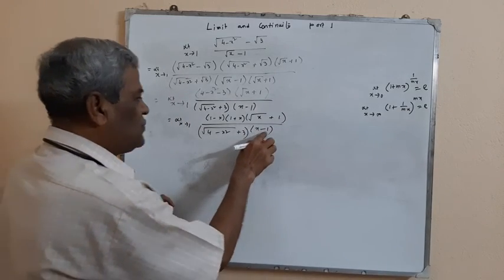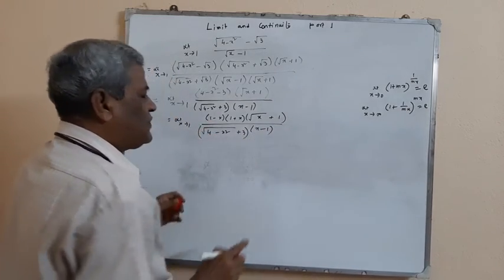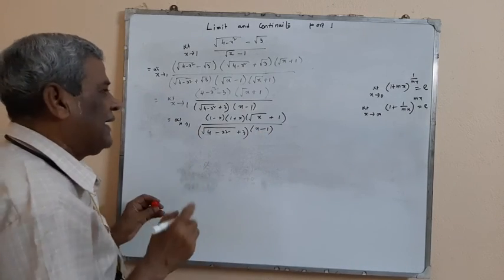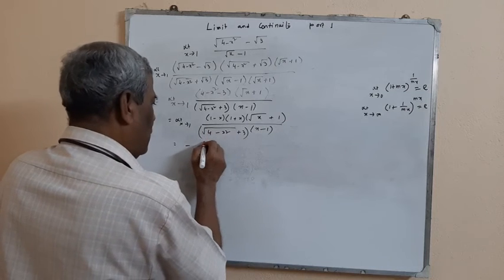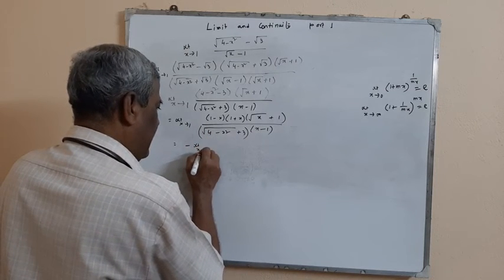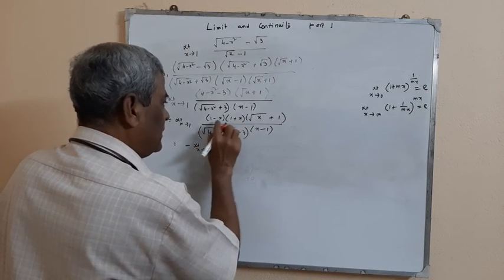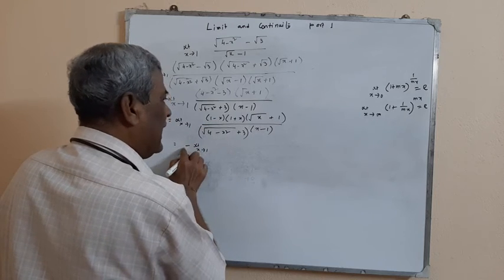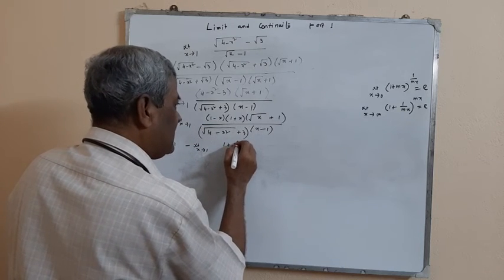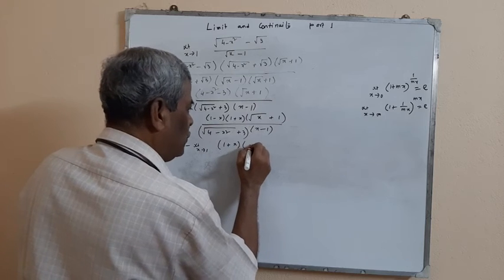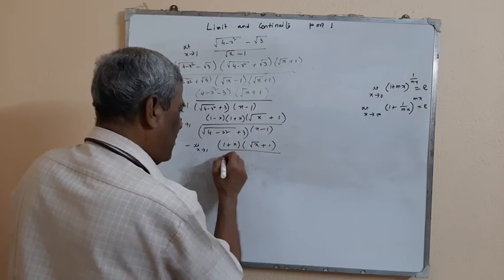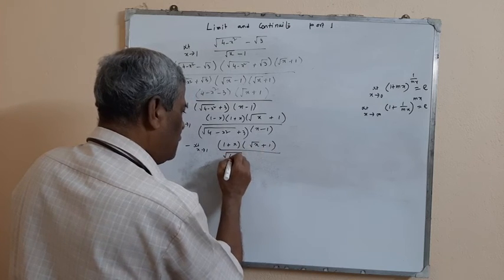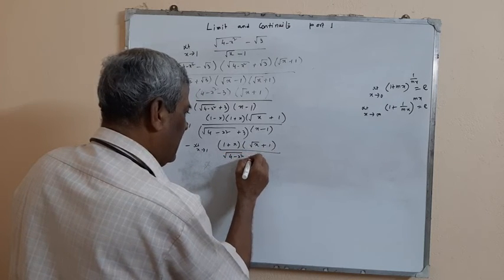Now this x minus 1 and 1 minus x will be cancelled with a negative sign, so that it is equal to minus limit x tends to 1. This cancels with that: 1 plus x into root over x plus 1 by root over of 4 minus x square plus 3.